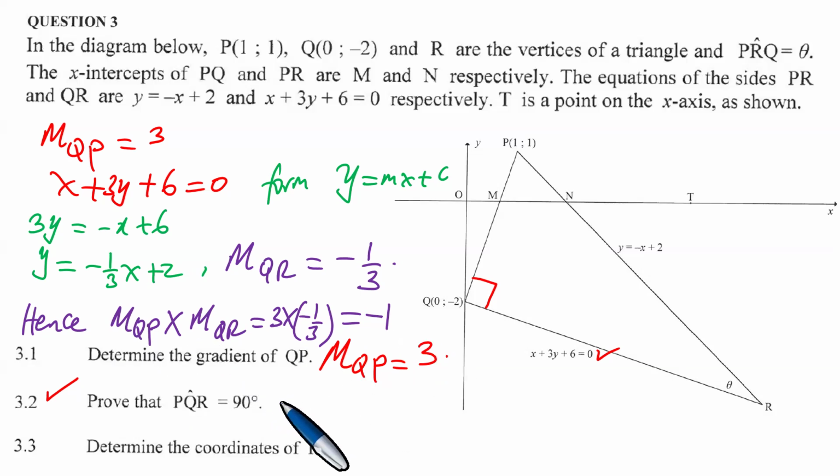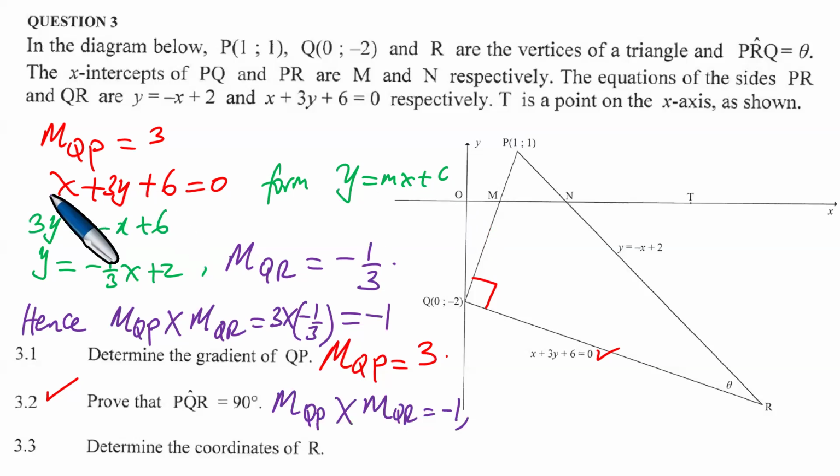And this means, therefore, that at this point, we can say the gradient of QP times the gradient of QR equals minus 1. We know the equation of a line is y equals mx plus c.